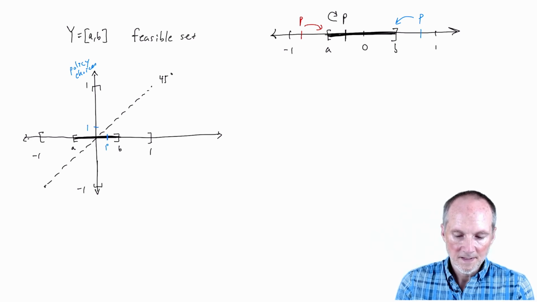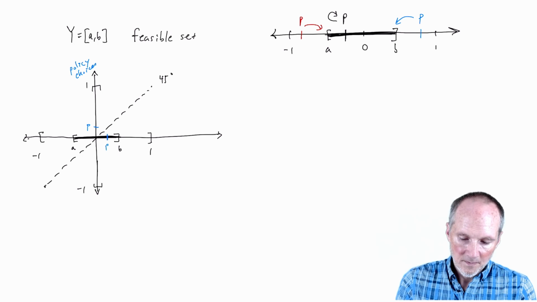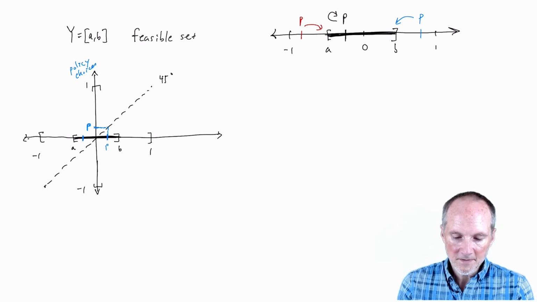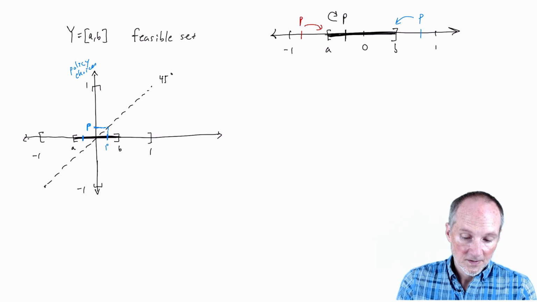You're going to choose your ideal point, which is P. And basically, we're just going to go up to the 45-degree line and go over to P. If, on the other hand, your ideal point were over here to the left, you're just going to choose it again.